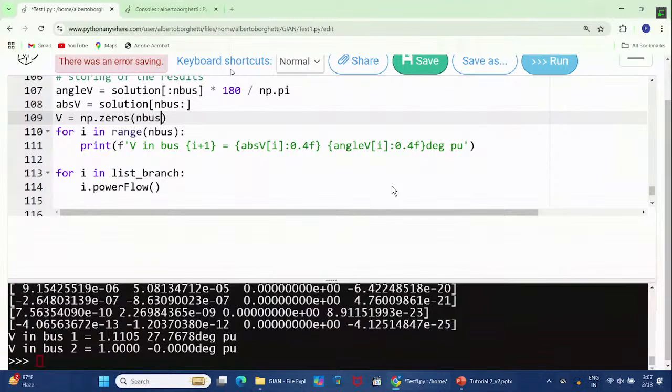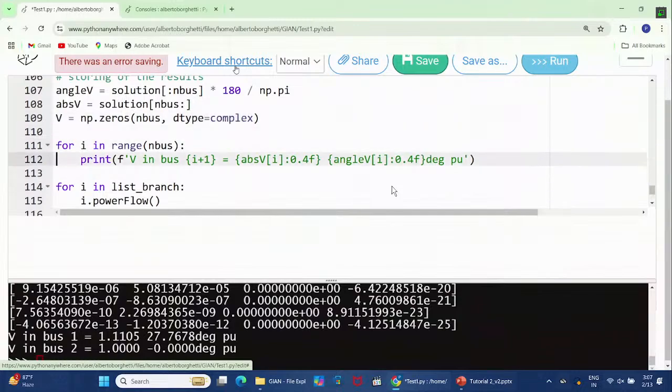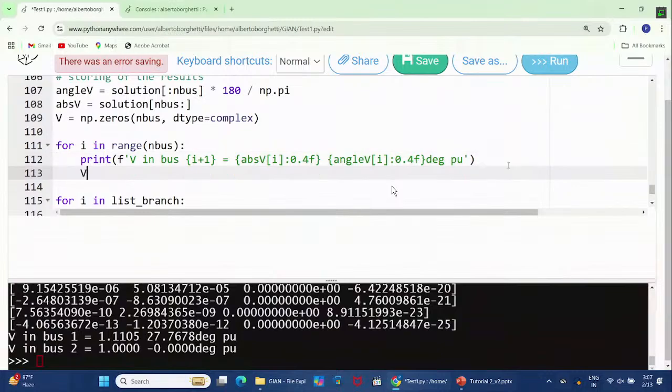In order to be sure that they are complex, I also put dtype equal complex, because 0 can also be integer. And inside this for loop, other than printing, we can also add the instruction that we want the result stored in V as a complex number.